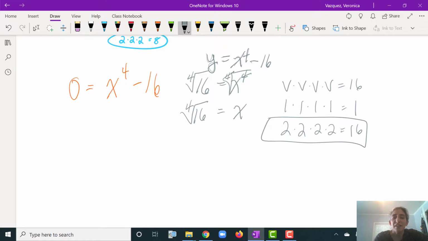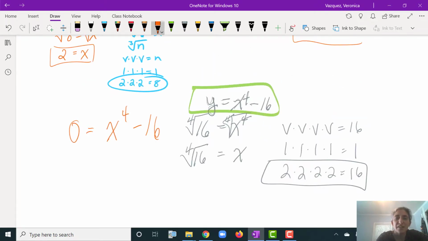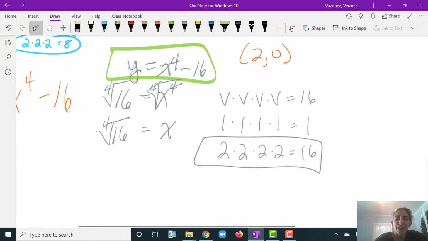Now, if you say that the x-intercept of this function is (2, 0), you only are half right, okay? Because the problem with this one is that, yes, it's true that 2 multiplied by itself 4 times is equal to 16, but that's not the only number that that fact is true of.